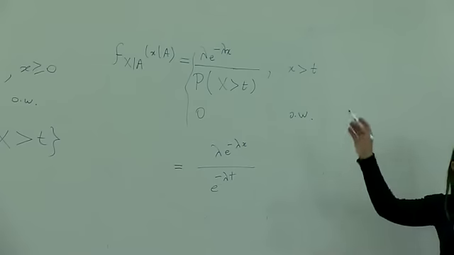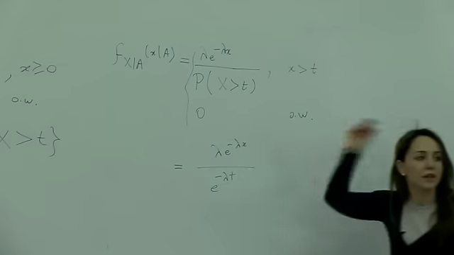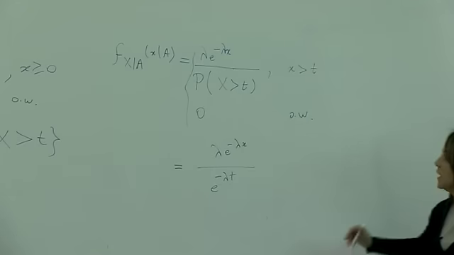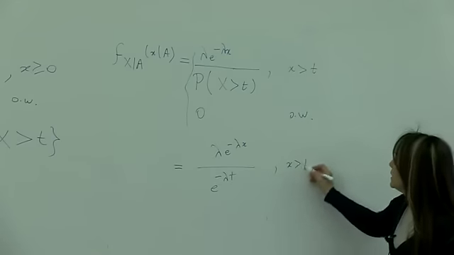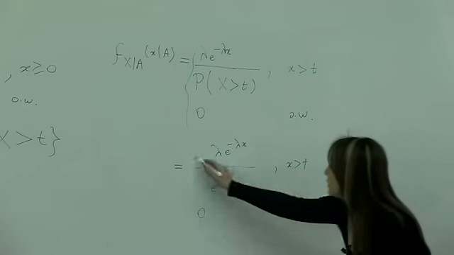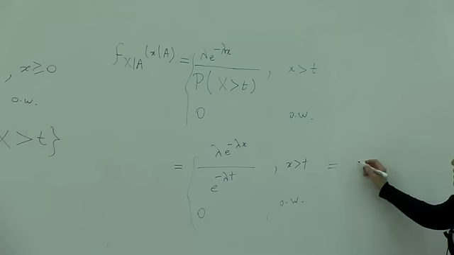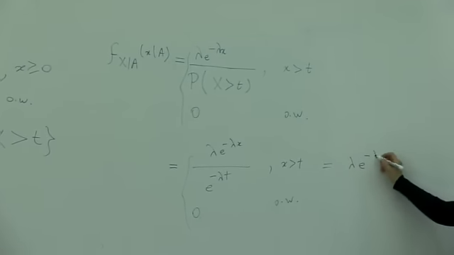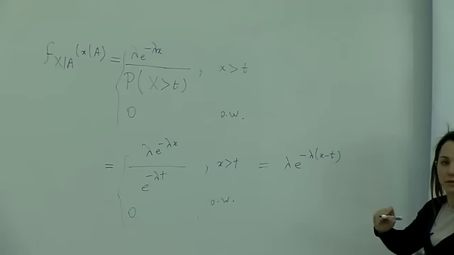You can always evaluate the integral of the density from t to infinity and convince yourself that this is the case. So this is the case when x is bigger than t, and the conditional density is 0 otherwise. Computing this, we get lambda e to the minus lambda times x minus t. Right?